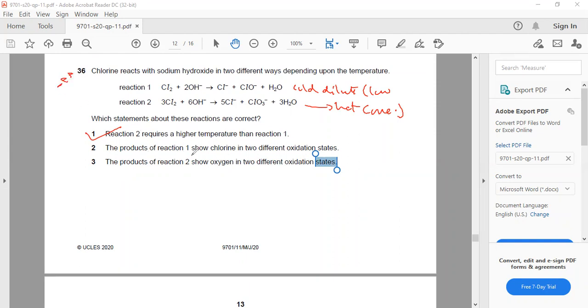The product of reaction 1 shows chlorine in two different oxidation states. Yes, -1 and +1. Disproportionation. The product of the reaction of oxygen, not in two different states. Wrong. Chlorine is in two different states. So B is the answer.